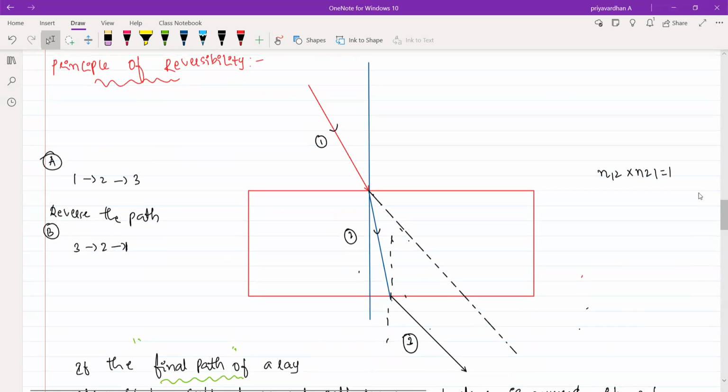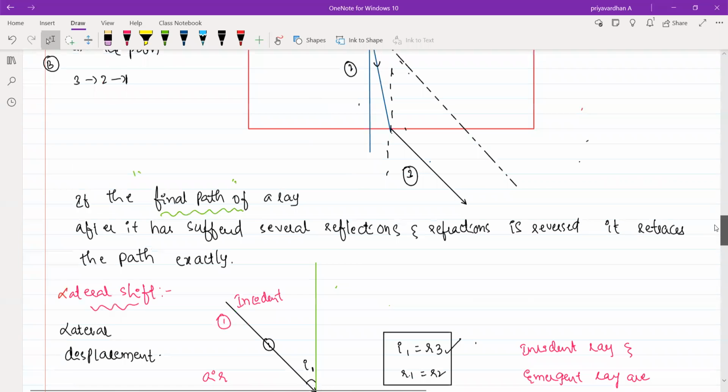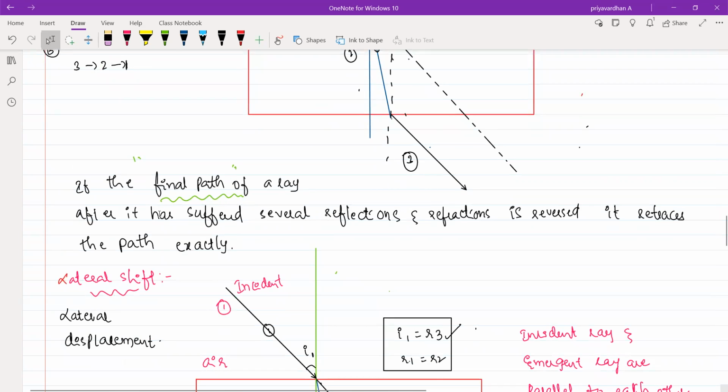The principle of reversibility states that the moment you reverse the final ray path, you'll go in the exact same way. If the final path of a ray, after which it has suffered several reflections and refractions, is reversed, then it retraces the same path exactly. That is known as the principle of reversibility.